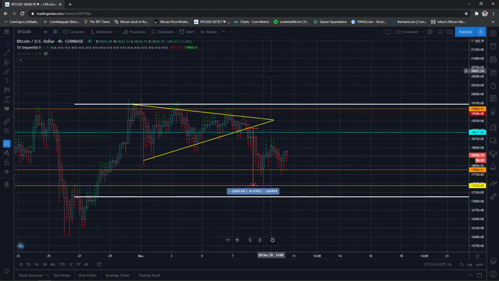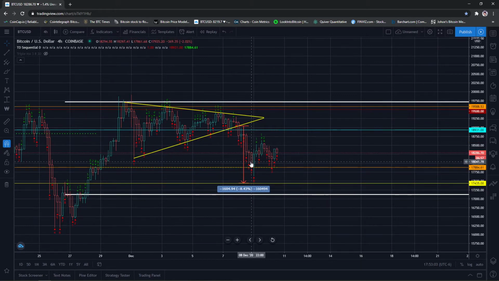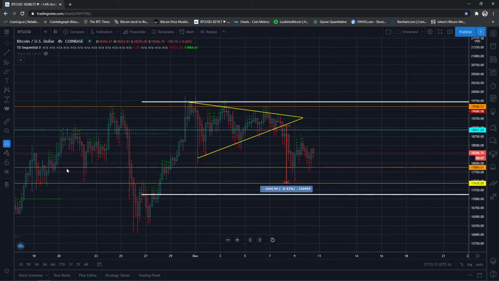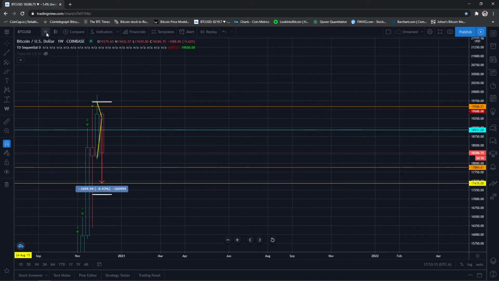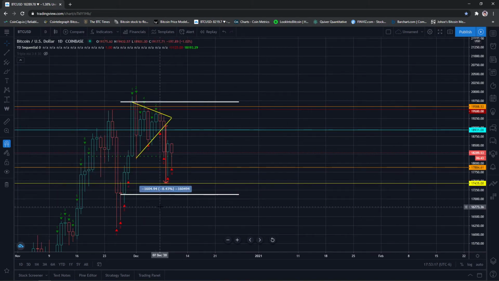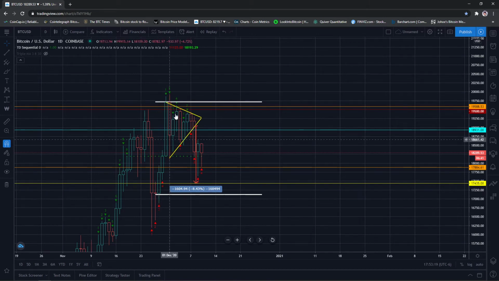So let's get back to this. Was that close enough? We got pretty much our target. We found support. If we close below 17,884, I think we're going to go lower. We'll definitely probably hit this target. But again, we're still ranging in that area that I said we formed on the 28th, and then we went to this high the 30th and the 1st of December. So we're ranging in this area.